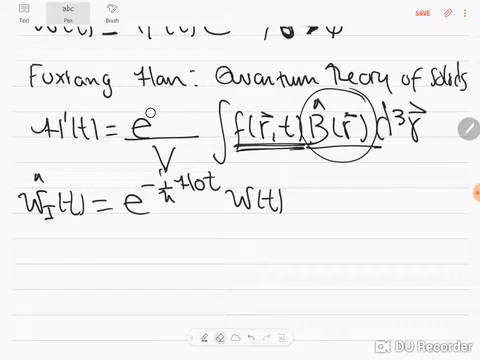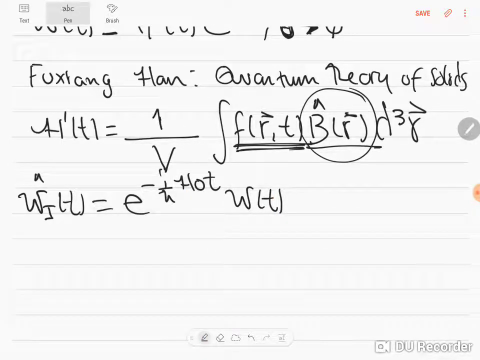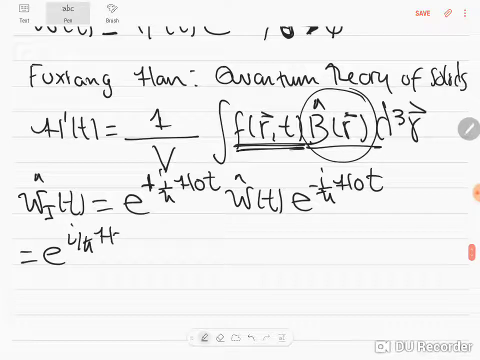Sorry, this shouldn't be here because I already included it in the definition above, so this should be a 1 here. So then this is W of t. This is e to the minus i over ħ H0 t, and this is nothing but e to the i over ħ H0 t.